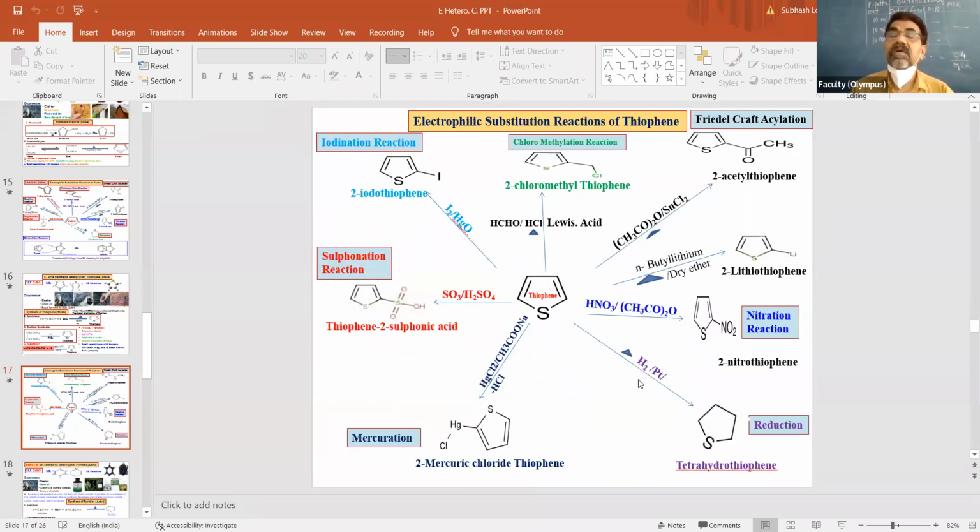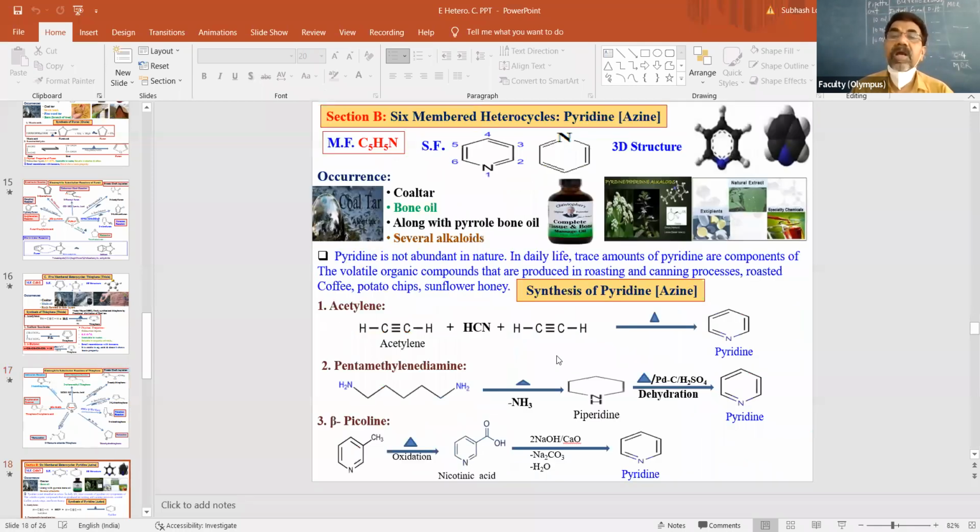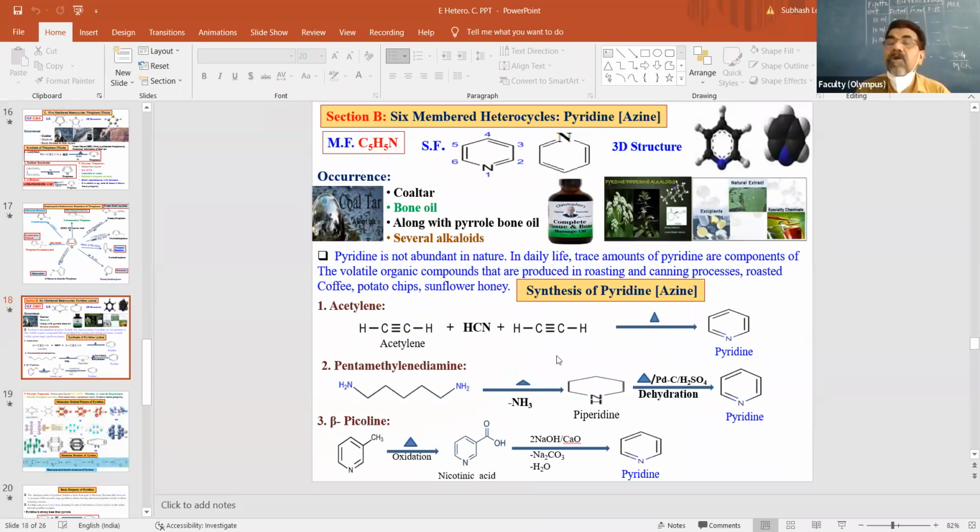These are the chemical properties, which are called electrophilic substitution reactions. You just see the reactions and products carefully, and you will obtain this type of reactions. Okay. Now we have other heterocyclic compounds, the six-membered heterocyclic compounds. Only one six-membered heterocyclic compound is in our syllabus, that is pyridine.